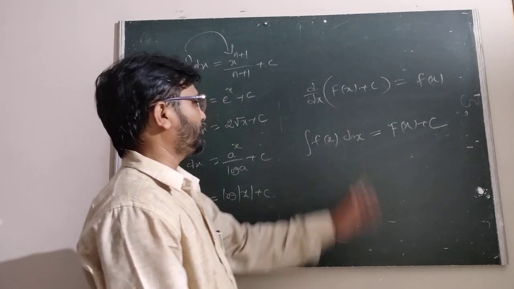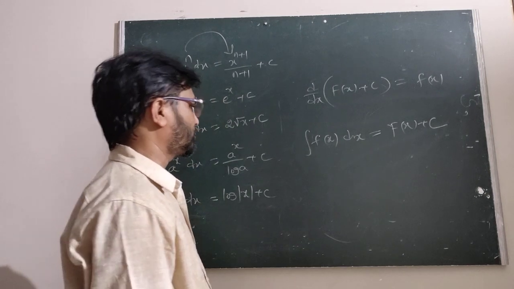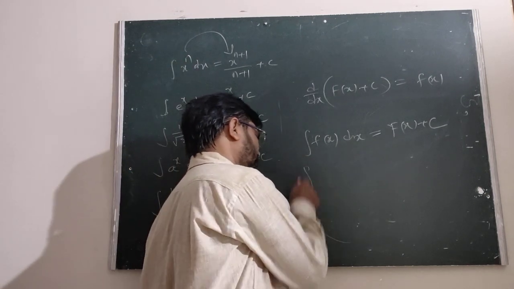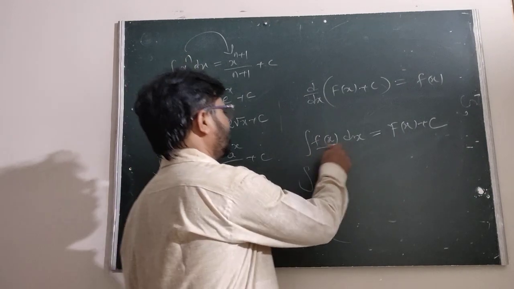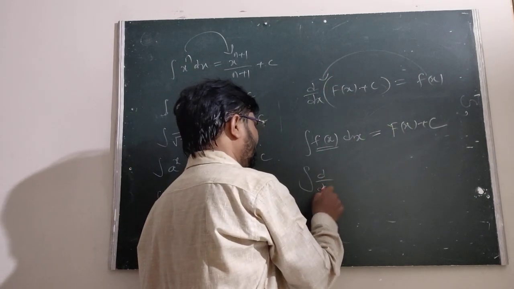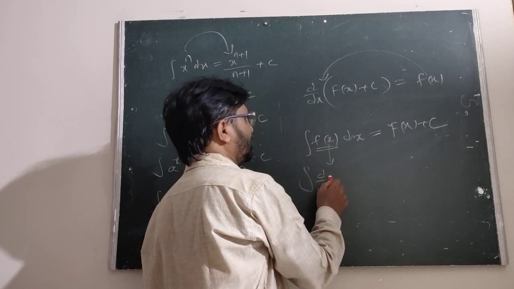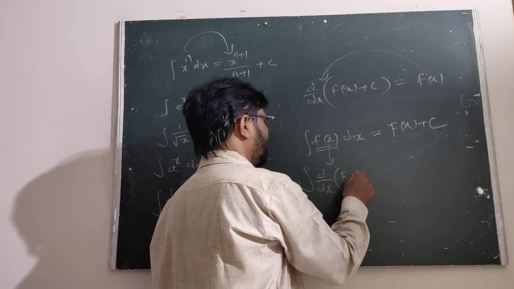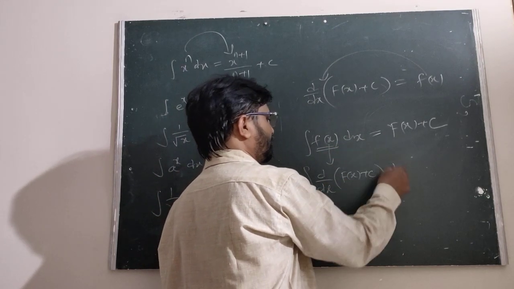So what is the f of x here? This one. Now the f of x is d by dx of f of x plus c into dx.